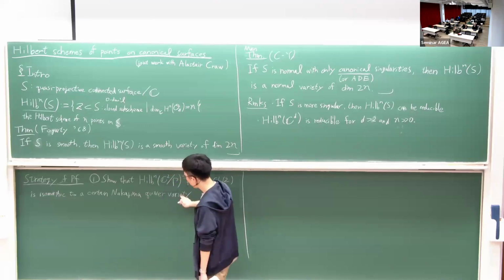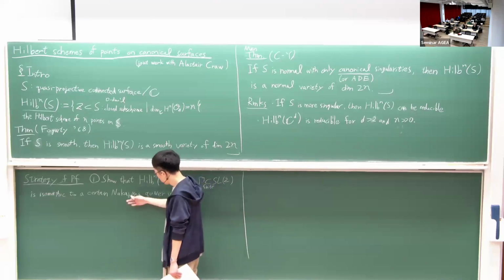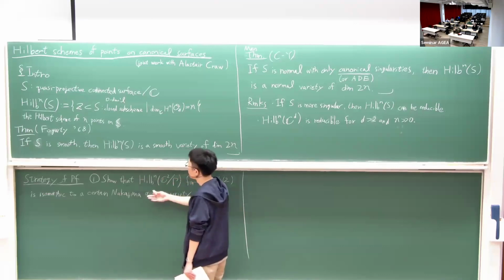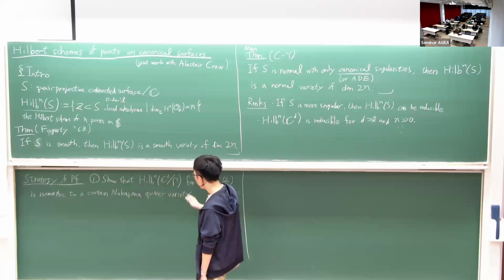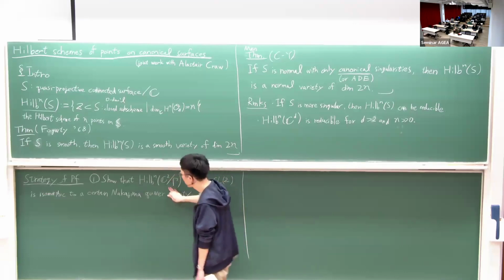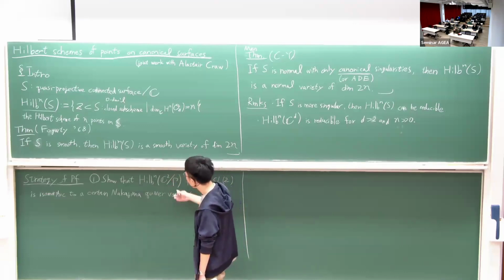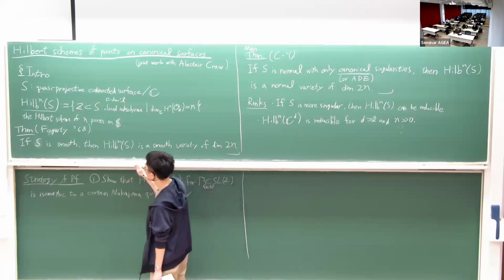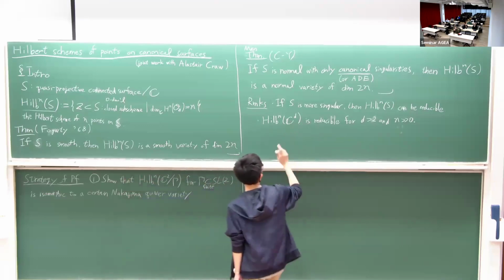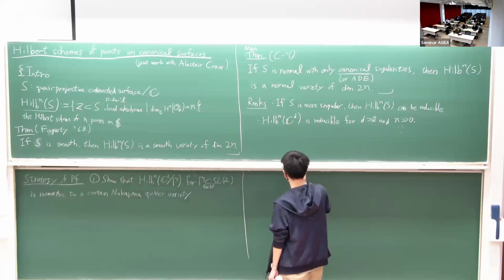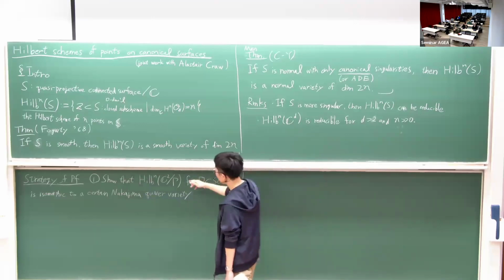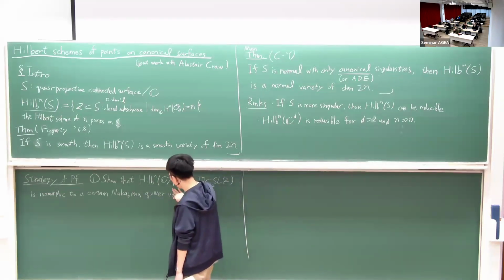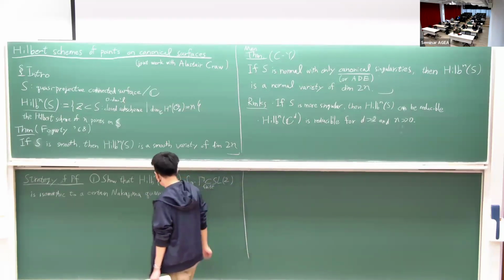And by a general result, we know that this variety is normal, irreducible, and so on. So for this specific singularity, we can show that the Hilbert scheme satisfies this condition. So this is normal and irreducible, reduced, and has the expected dimension.